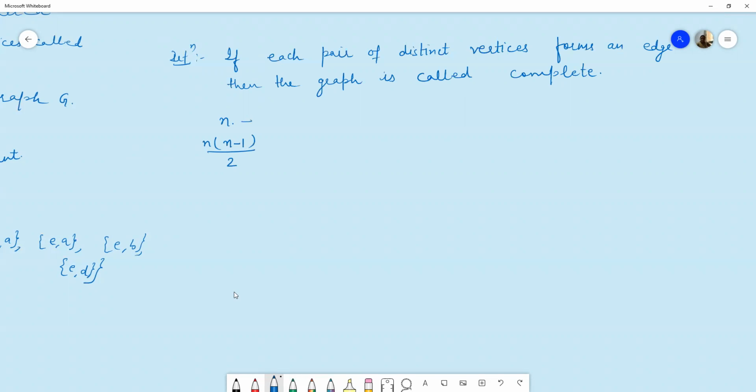So if we have number of vertices n in a complete graph, then number of edges in that graph will be n into n minus 1 by 2, and complete graph with n vertices is denoted by Kn.